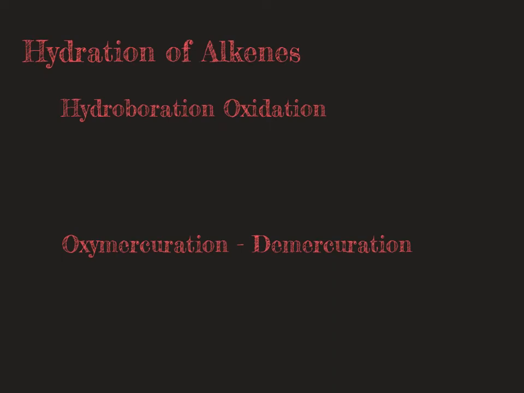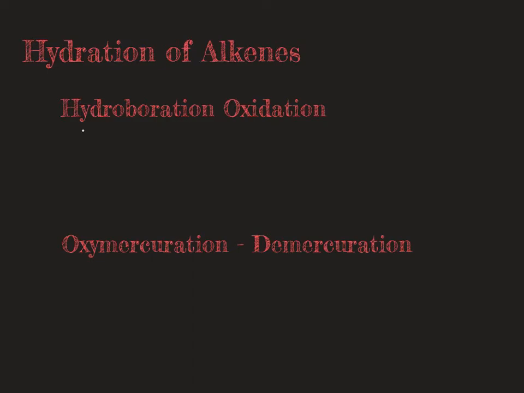So two reactions of alkenes that we talked about that give us alcohols are hydroboration oxidation as well as oxymercuration demercuration. There's a couple of different things to keep in mind with these reactions. One is the orientation of your product.